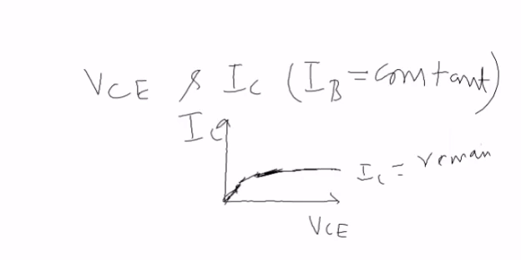So for example, this is IB of 10 microampere. For a different IB, if you increase IB further, for example 20 microampere, then this IC will be different.